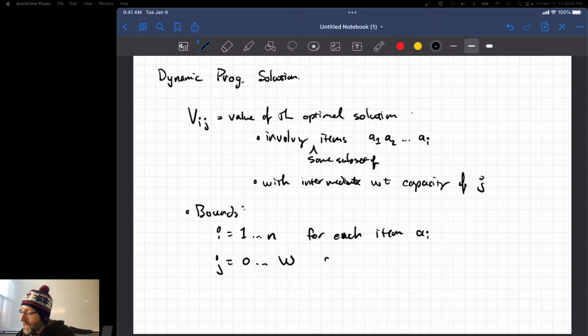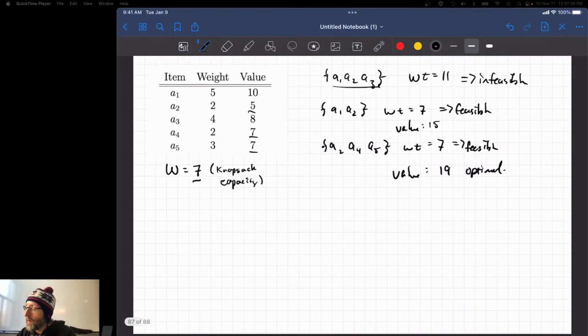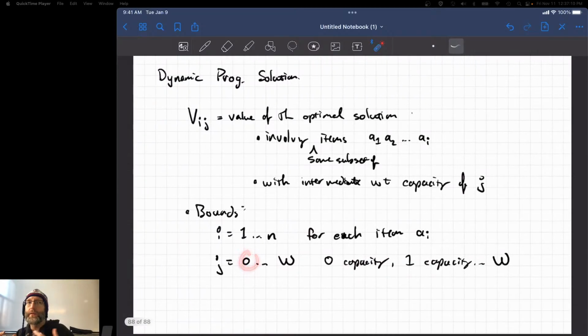So 0 weight capacity, 1 capacity, dot, dot, dot, up to the actual weight capacity w, which is part of the input. You can't go beyond w because that would violate the capacity. We start at 0 because we need to start somewhere.